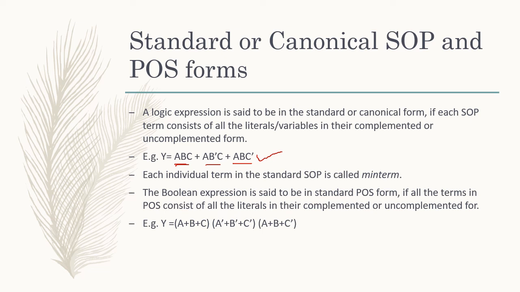So this is one example of a standard POS equation where y equals a plus b plus c. This is one term where three variables are present. A bar plus b bar plus c bar. This is another term. Again three variables are present over there. And a plus b plus c bar. Again three variables are present in this term. So this is the standard POS form of the equation. And each individual term in the standard POS is called the max term.